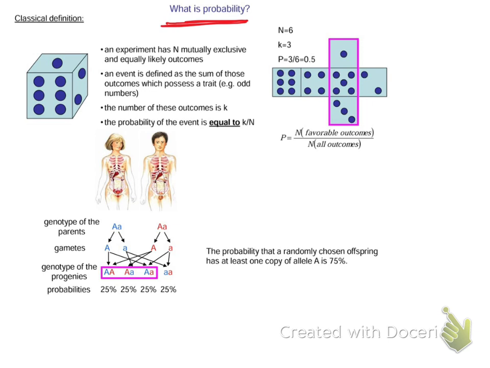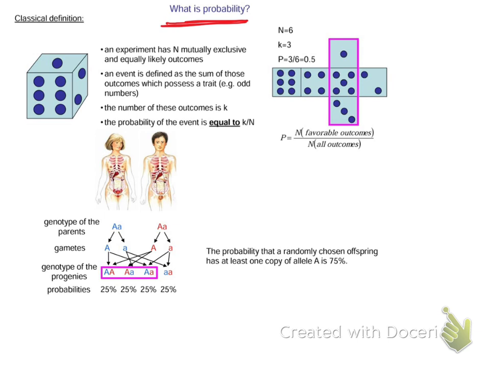For example, I have 5 red lollipops, and the whole lollipop plastic bag is 20. So what is the probability? What I'm looking for is the lollipop which is red in color. So how many red lollipops are in the bag? 5. What is the total number of lollipops of all the colors? 20. So 5 divided by 20.